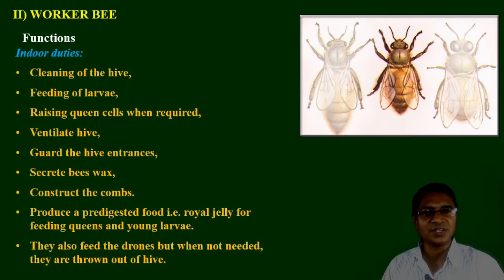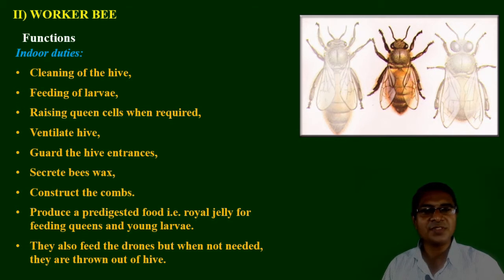Now the functions. Two types of duties are performed by the worker bees. One is the indoor duties, inside the colony, and the second is the outdoor duties, outside the colony. What are the indoor duties, or what do they do in the comb?